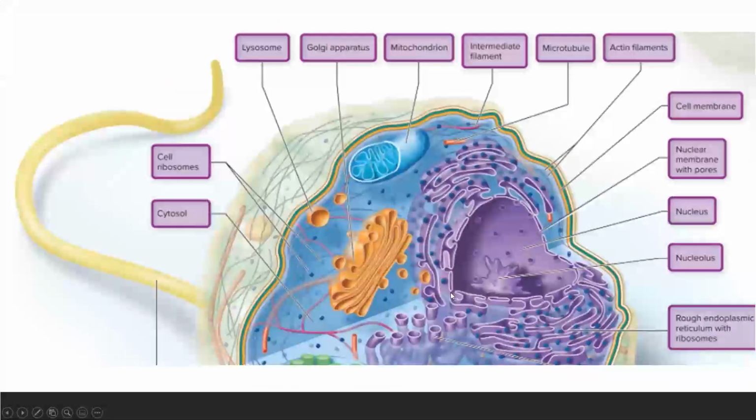Okay, so zooming in on the top part, I'm going to start over here on the left. The cytosol we heard about in the last chapter is going to be that kind of gelatinous, watery component within the cell. We also have ribosomes shown here in blue. This is where the proteins would get made.